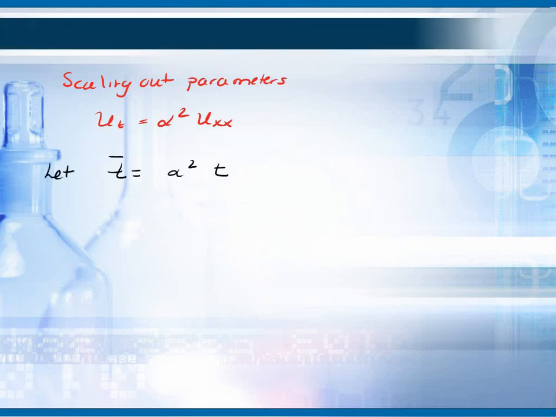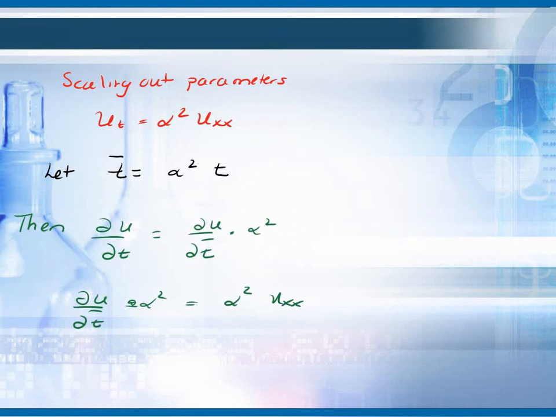So the way you do that is you introduce a new time parameter, t bar, as alpha squared times t. Then the derivative of u with respect to t is really the derivative of u with respect to t bar times alpha squared.